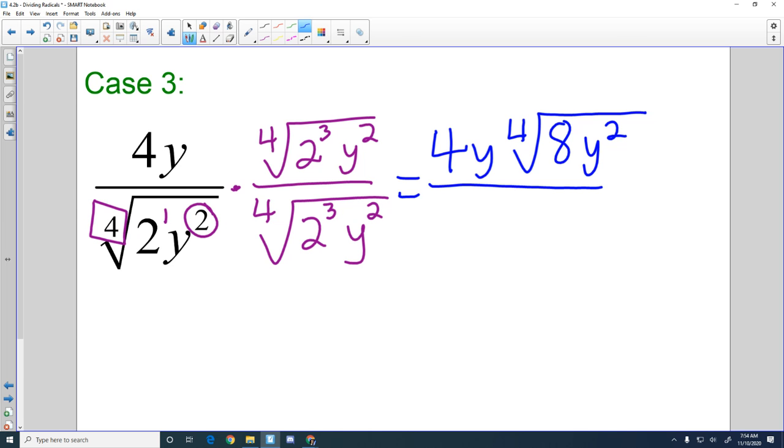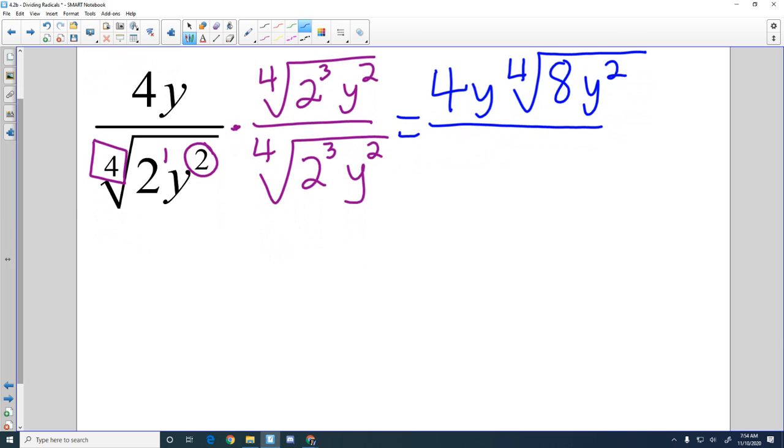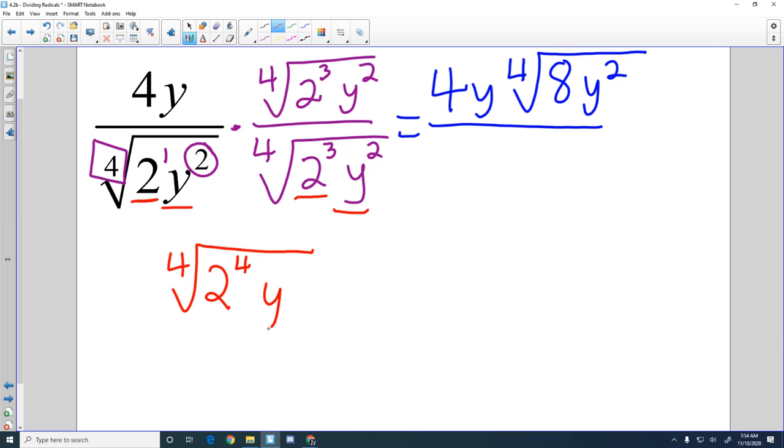Now let's think about what's going to happen in our denominator here. So we're multiplying these two 4th roots. When we take 2 to the 1st times 2 to the 3rd, that's going to equal 2 to the 4th, because you add up their exponents. 1 plus 3 is 4. Y squared times y squared is y to the 4th. So do you see why we chose those numbers, how those exponents both match the index now?